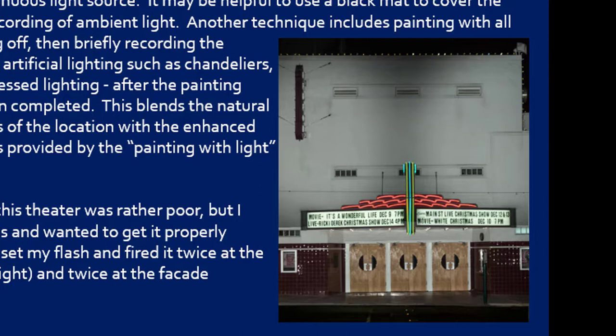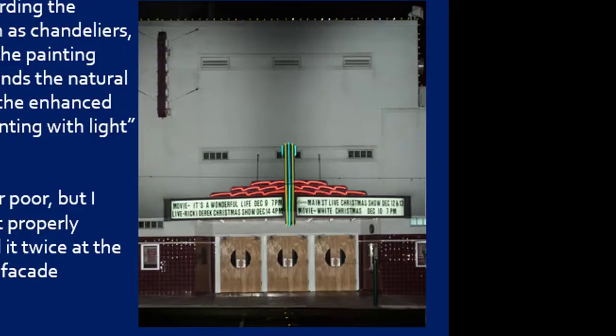And then I go in with my flash off camera and I start painting that building with that flash. I'm going to take several bursts of that flash during that single long exposure. So I'm going to add some light up under the marquee. I'm going to add some light over in the box office and over on the left side.